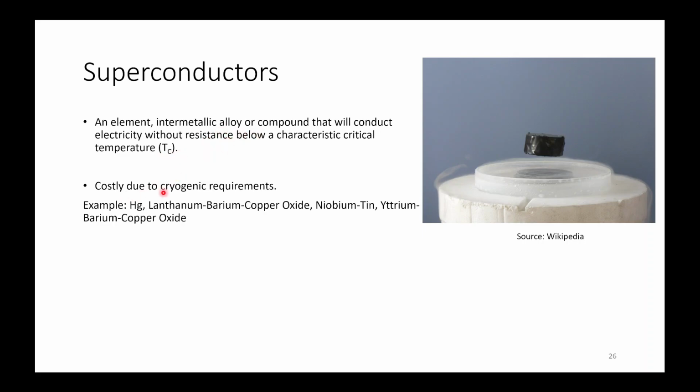These are costly due to cryogenic requirements, because to maintain the temperature at which they become superconductor is a very costly process. So some of the examples are mercury, lanthanum, barium, copper oxide, niobium, tin, yttrium, barium, copper oxide. So these are some materials which act as superconductors.